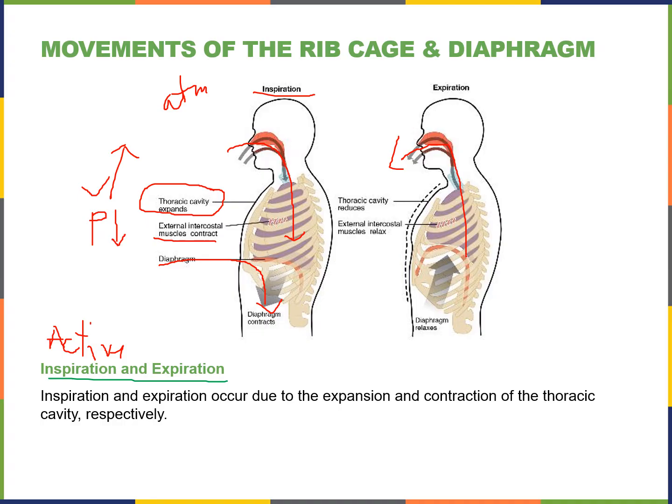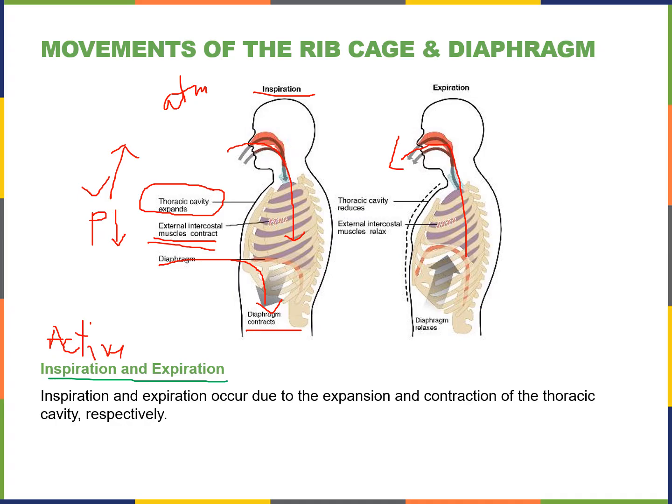It will happen because, remember, all these muscles are contracted. The diaphragm is contracted. The external intercostal muscles are also contracted. And when muscles are contracting, they use up a lot of ATP and they can't stay contracted all the time. They will fatigue. These are skeletal muscles.